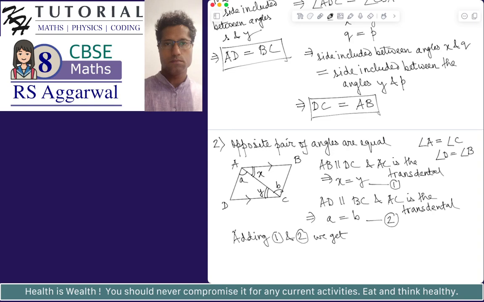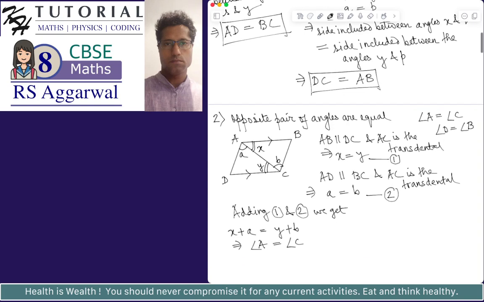So we get X plus A is equal to Y plus B. Now what is X plus A? X plus A is angle A, and what is Y plus B? Y plus B is angle C. So we proved that angle A is equal to angle C, and angle A and angle C are opposite pair of angles.